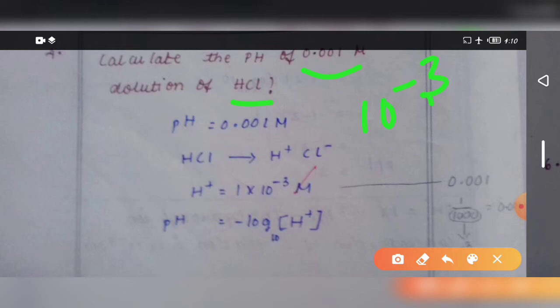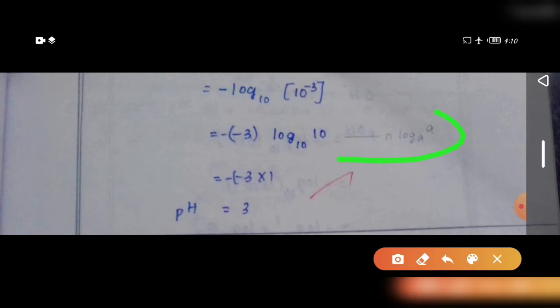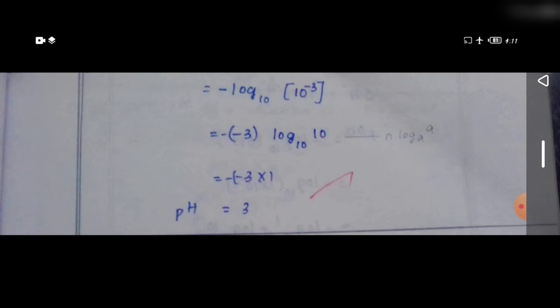H plus equal to 1 into 10 power minus 3 M. So pH is equal to minus log of H plus ion concentration equal to minus log of 10 power minus 3 base 10. The power will come in front, that is n of log of A. Here I given the formula, log of A power n base A is converted into n log A. So minus of minus 3 log 10 base 10, value is equal to 1. pH is equal to 3.